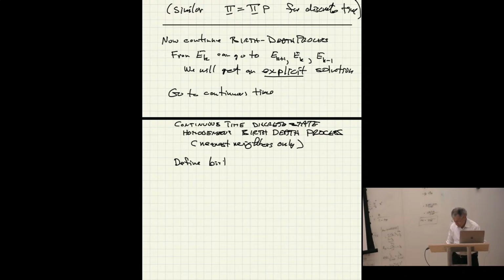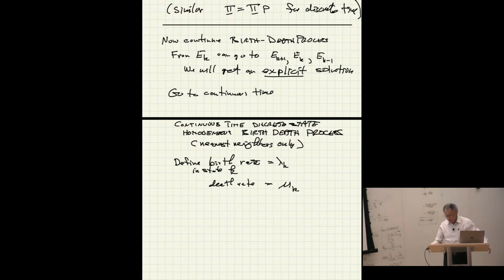It's called a birth rate, and we're going to call that lambda sub k, the birth rate in state K, namely, when the population size is K. And a death rate, I'm going to define as mu sub K.